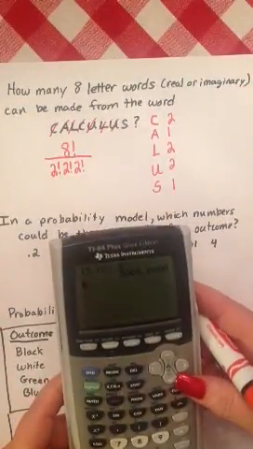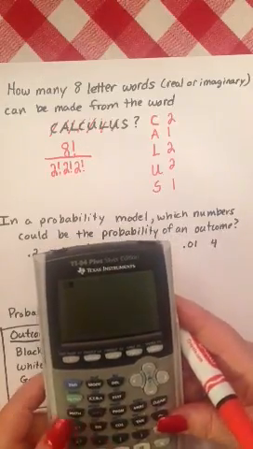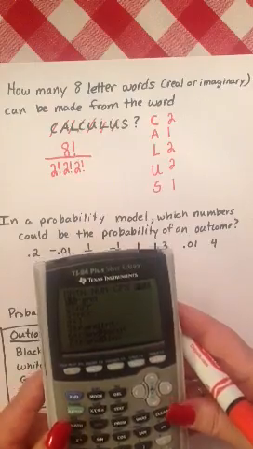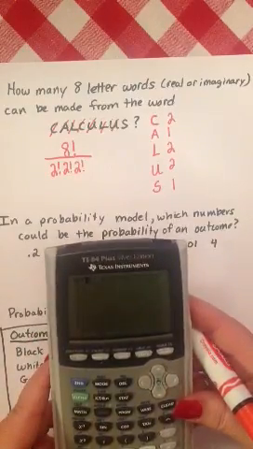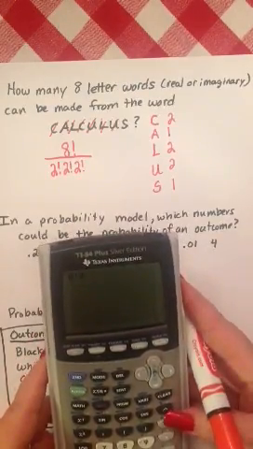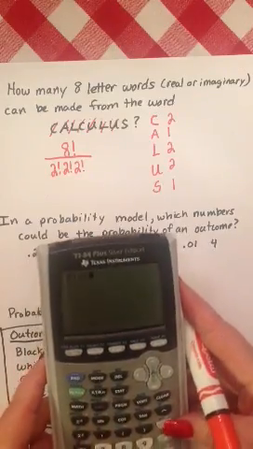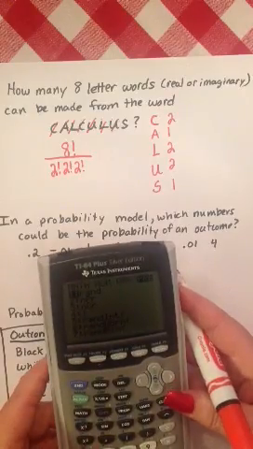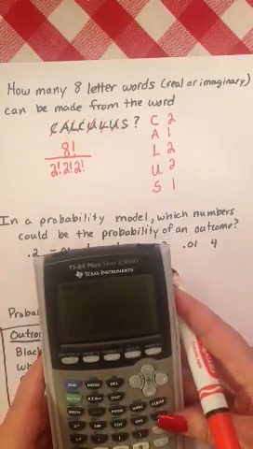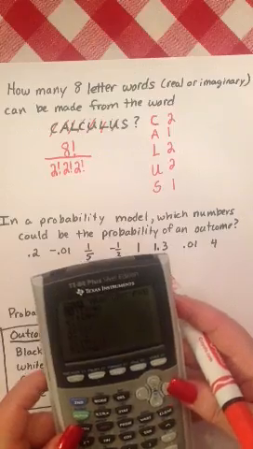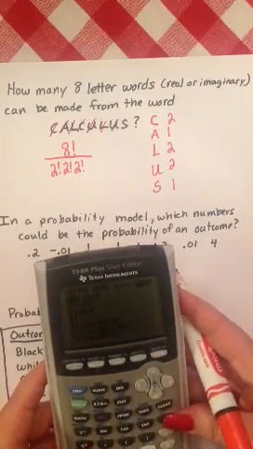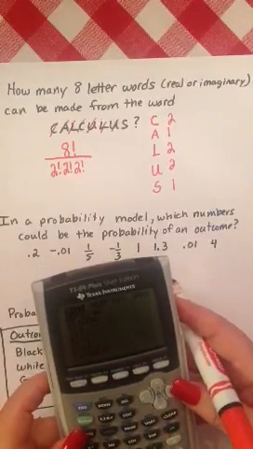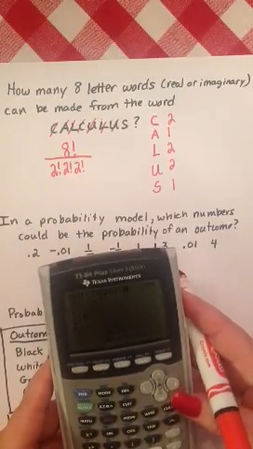So you're going to say 8, and then you go to math. The factorial key is by the probability line. It's the 4th one down. So I said 8 factorial divided by, now you need to put the bottom in parentheses, 2 factorial, and then I need another 2 factorial, and indeed I need 3 of them, so then I go 2 factorial.